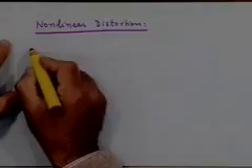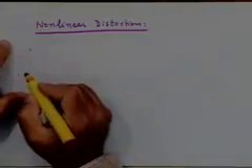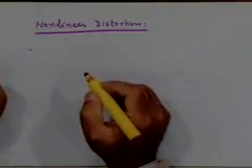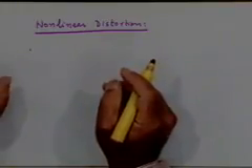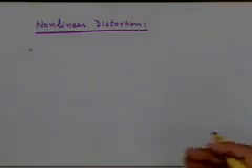And as the name obviously implies, this kind of distortion would arise in a communication system in which in some part or the other there is some kind of non-linearity. Okay?